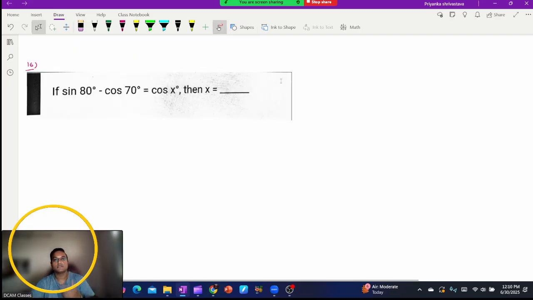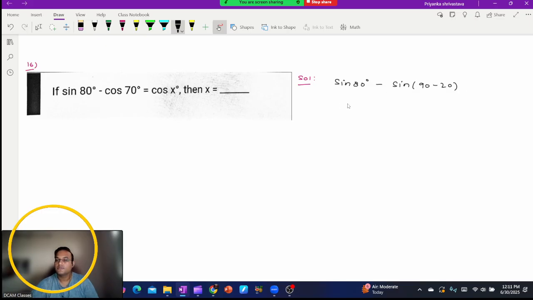This is question number 16. You can do it easily. This is sin 80 minus cos 70. You can write cos 70 as cos of 90 minus 20.